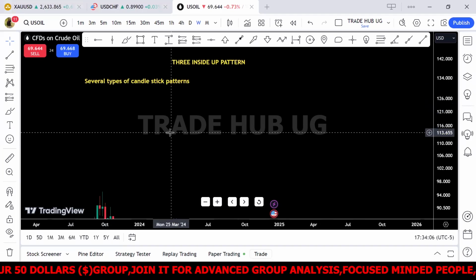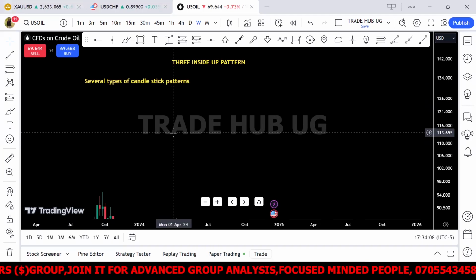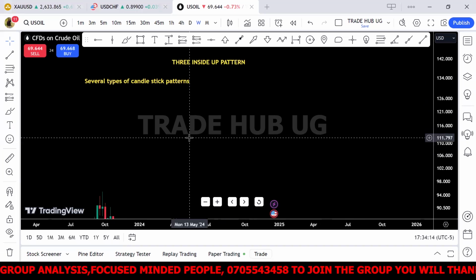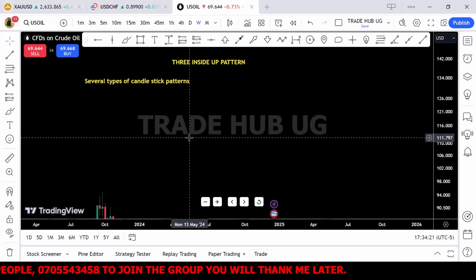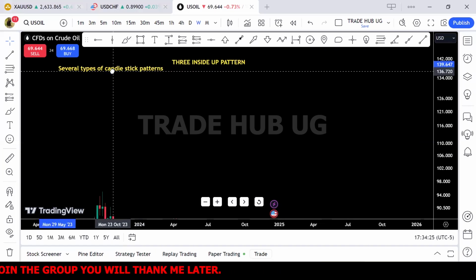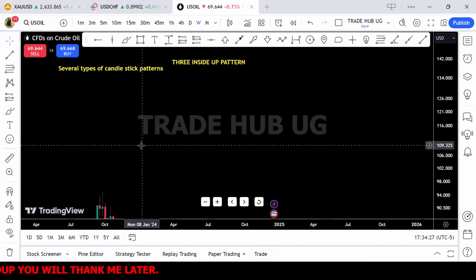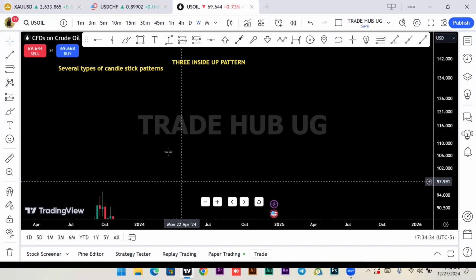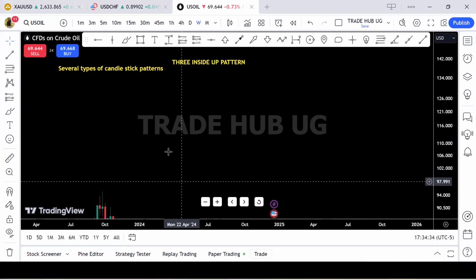I've always told you about candlestick patterns. But in most cases, there are unique candlestick patterns which you just need to learn. You don't need only to observe a lot, but to just focus or concentrate on one style. Understood?